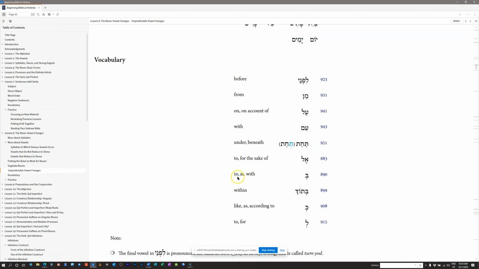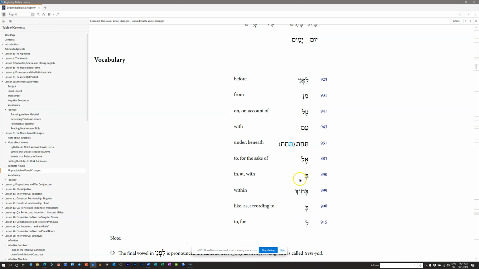All right. Bait has a ton of meanings. These are just a few of them. In or at, these are spatial. With is kind of spatial as well, but it's also instrumental. So if I hit the rabbit with a stick, then I might use bait stick to mean with a stick.